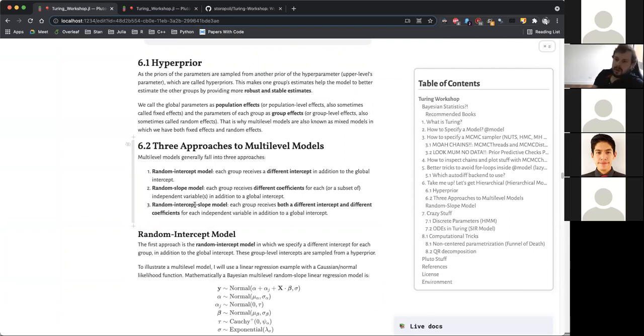So we use both approaches, and every group has a random intercept, a group level intercept, and slopes, in addition to a population level global intercept and slopes.